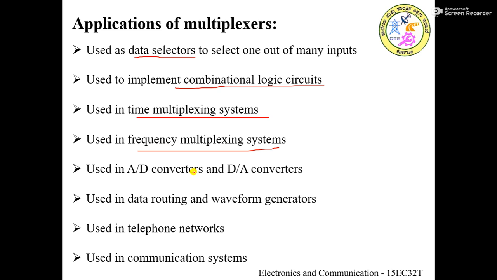And these are used in data routing as well as waveform generators, and they find applications in telephone networks as well as in communication systems. So in your examination, this question may be asked for 5 marks, and you are supposed to write at least 5 valid applications for the multiplexers.